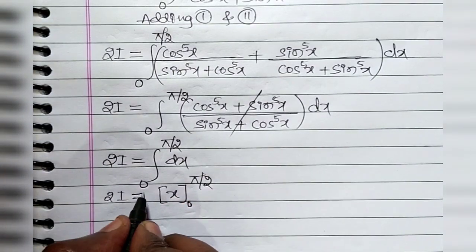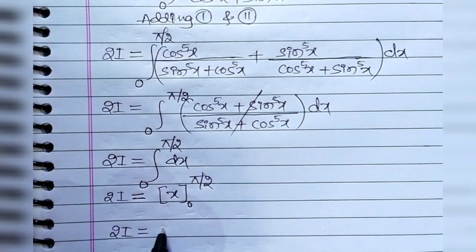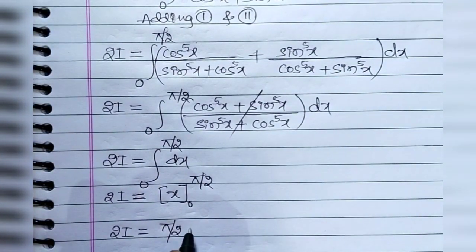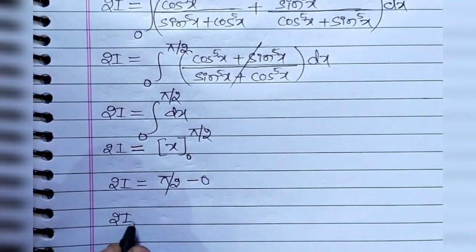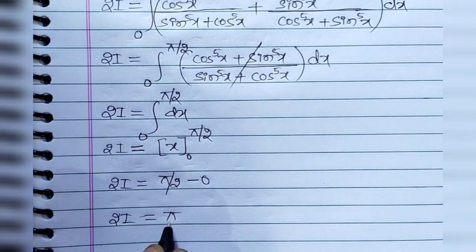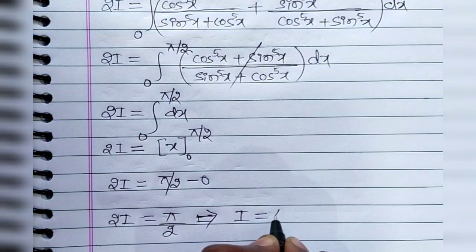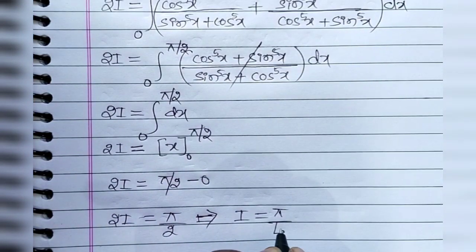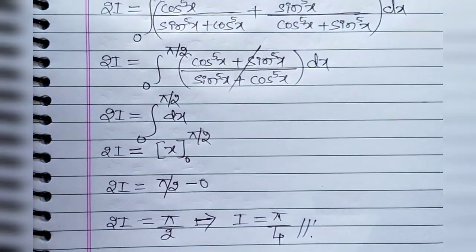Apply the limit now, upper limit minus the lower limit. 2I is equal to pi by 2 minus 0. So 2I is equal to pi by 2. Then take 2 to the RHS, it goes to the denominator. So I is equal to pi by 4. So this is the required answer for the fourth problem.